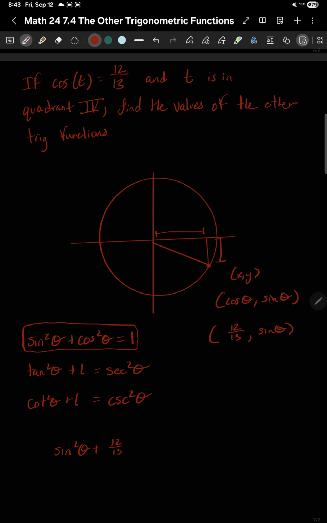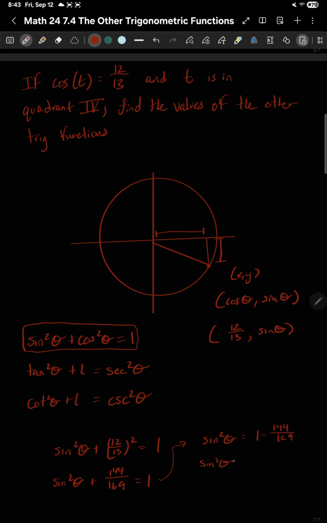So sine squared theta plus (12 over 13) squared is equal to 1, and we get 144 over 169. We're going to get our numbers on the same side and leave sine by itself. So sine squared theta is equal to 1 minus 144 over 169.